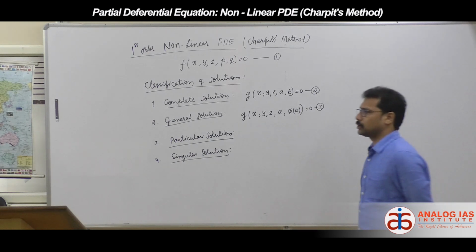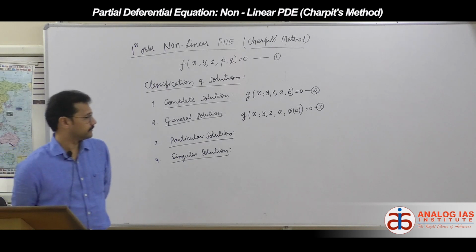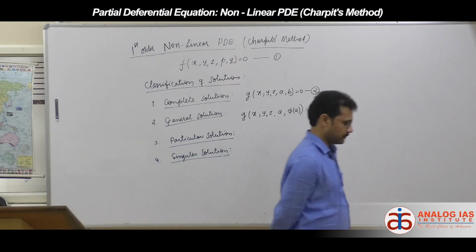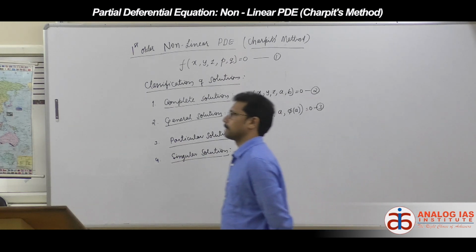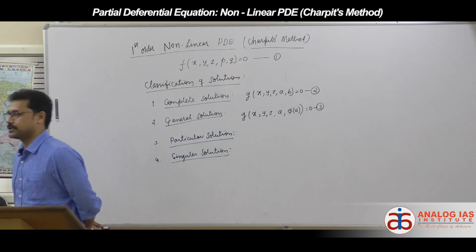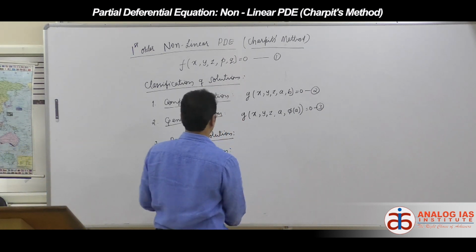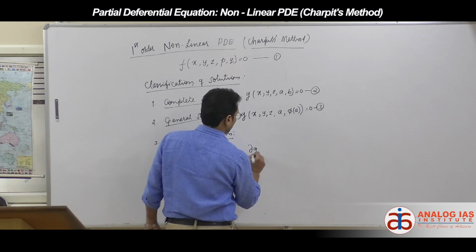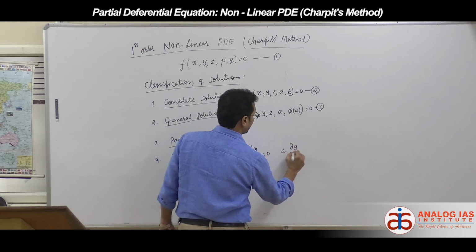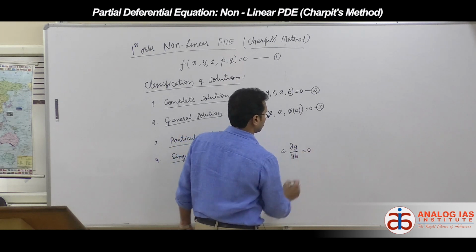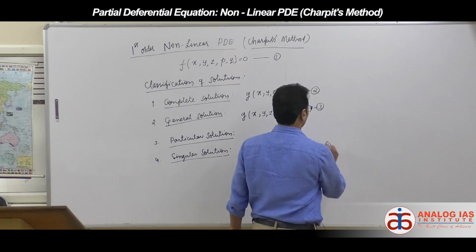Partially differentiating 2 with respect to a and with respect to b separately. What we get is dou g by dou a equal to 0 and dou g by dou b equal to 0. Let these equations be equations 4.